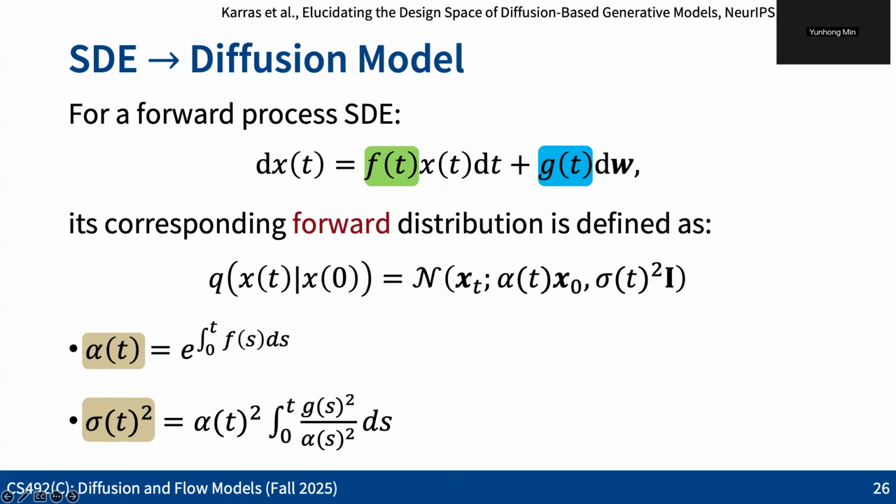What we saw in the previous slide was the forward transition distribution and deriving the forward SDE. And now from the forward SDE, we can also see that the jump distribution is defined in this way, right? For the DDPM and also SMLD case, we know the transition distribution and also the jump distribution. So let's quickly check whether these are really aligned.